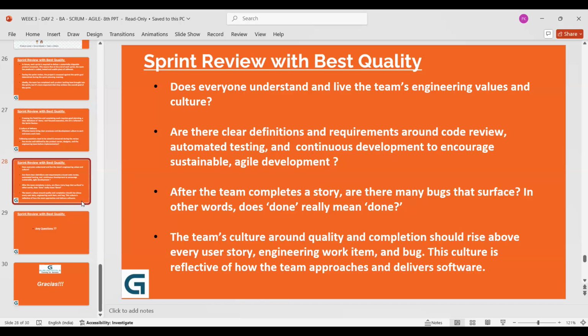Is it really complete, or is there anything pending, anything that needs to be checked, thoroughly examined, or further tested? In the scenario where there are any bugs, that definitely means this development is not completed, the development is not done.